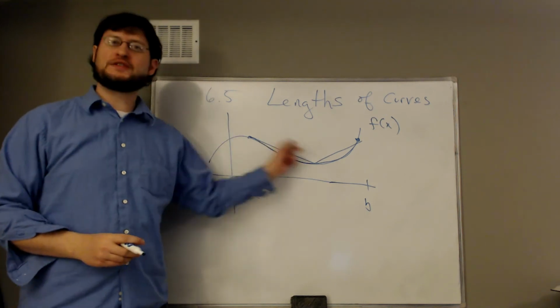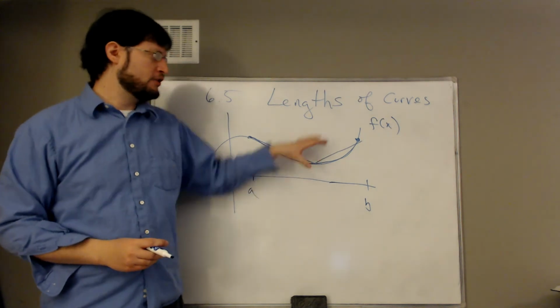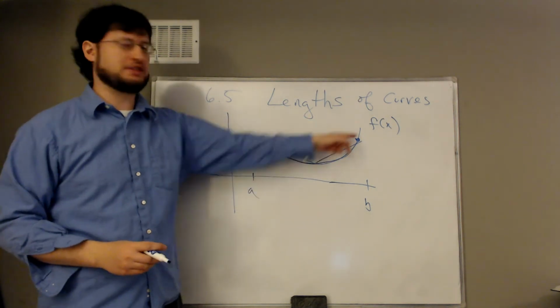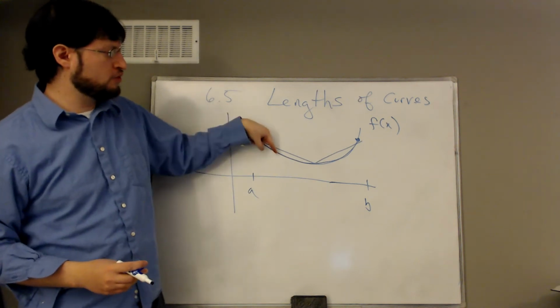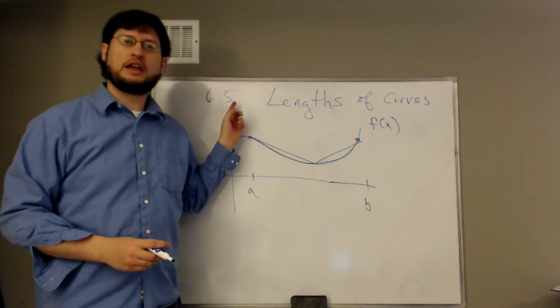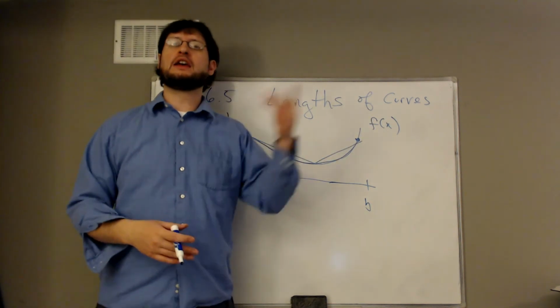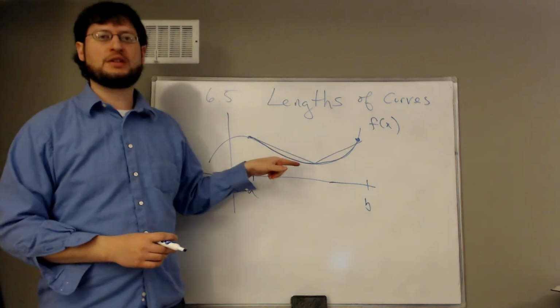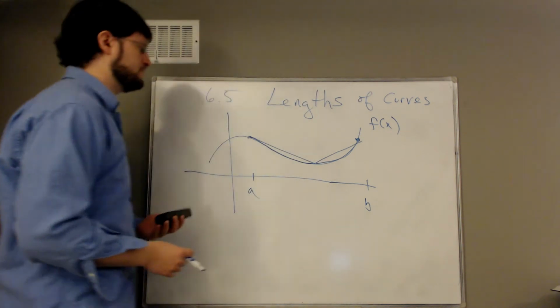Finding lengths of straight lines is very easy, right? We just calculate the length of the line. So that's one approximation of the distance traveled. A better approximation would be following two, maybe three lines rather than just two. And then 4, then 5, then 10, then a million, then a billion, and an infinite number of lines. By taking a limit, we're going to get the actual length of the curve.